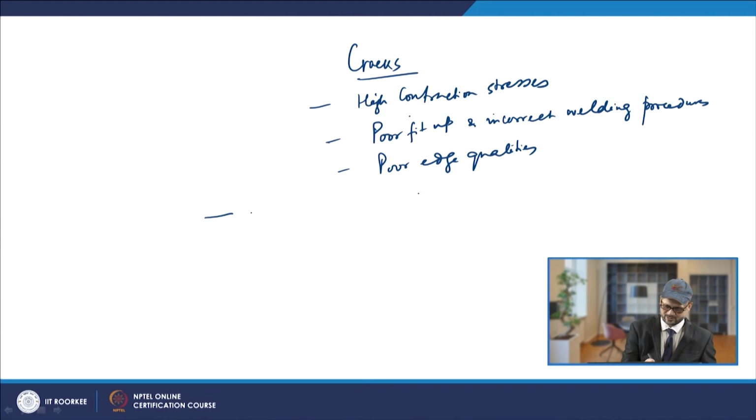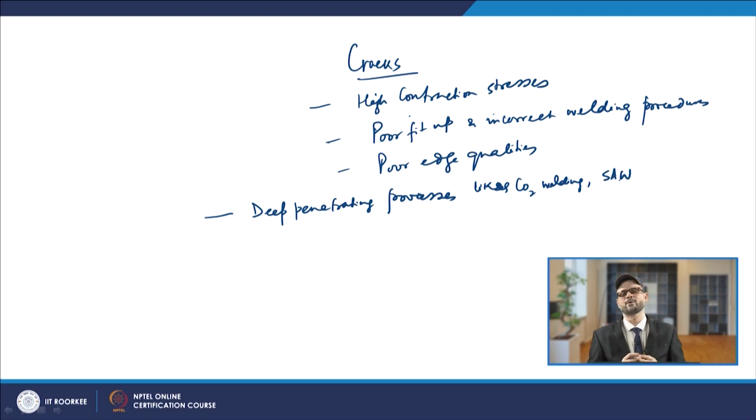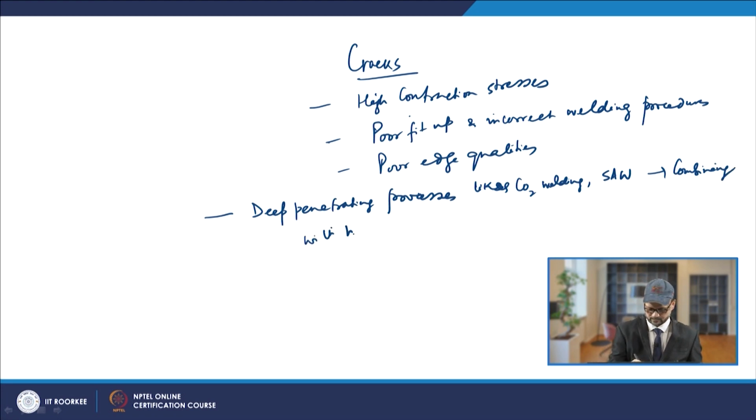Then if you talk about the different processes, in many cases if you have deep penetrating processes, like CO2 welding and SAW, combined with narrow weld gaps, they cause hot cracks, normally at the root.